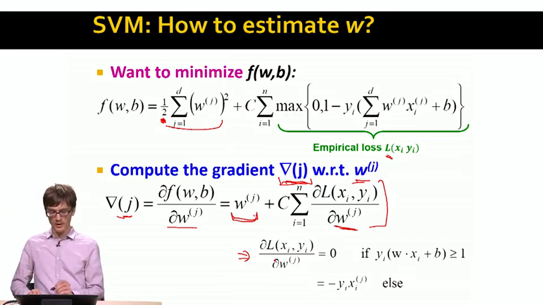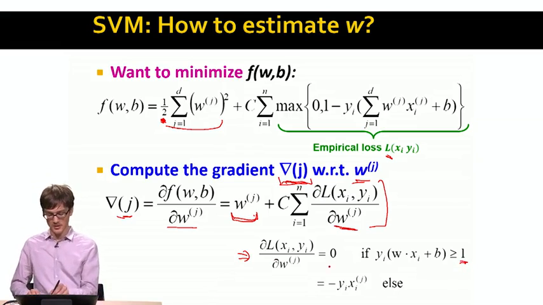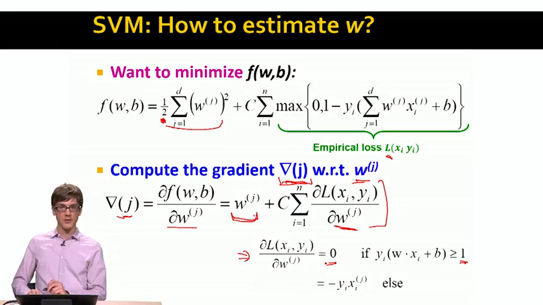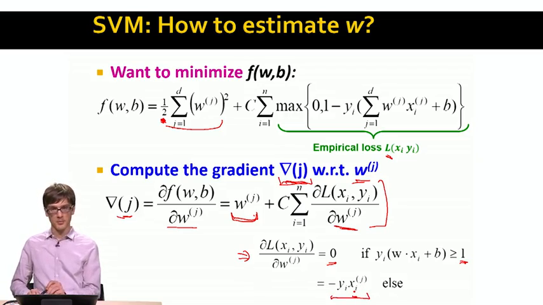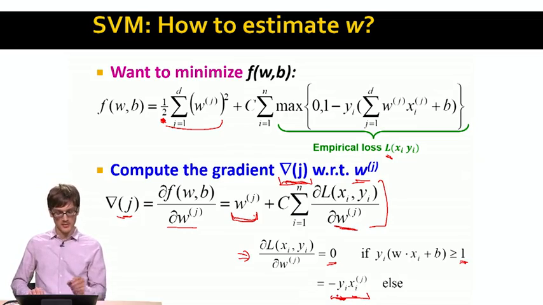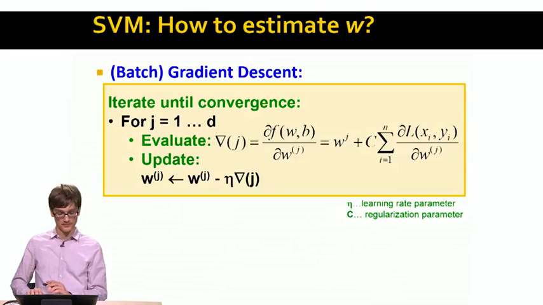If our classification is correct, which means we correctly classified the training example, then the value of the derivative is 0. And if we misclassified, then this is simply the jth coordinate of training example i times the class of that training example. So what this now means is that we were able to compute very simply, using basically high school math, the gradient of our objective function for a given dimension or coordinate j.